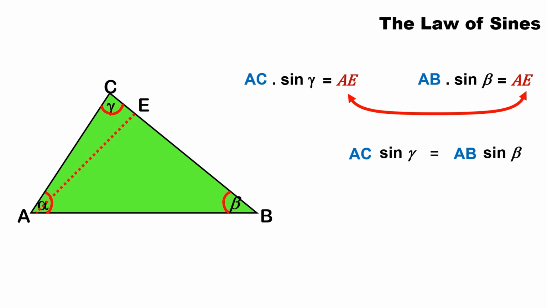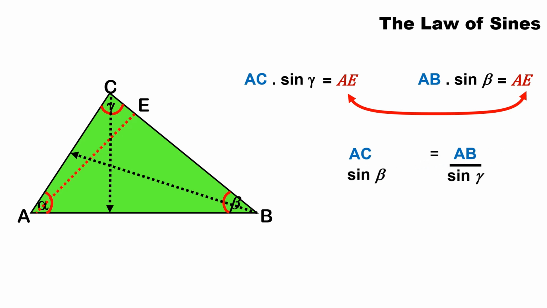Note the location of the sides and angles involved. Side AB is opposite angle gamma, so it can be stated that AB is proportional to gamma. Side AC is opposite angle beta, so it can be stated that AC is proportional to beta.